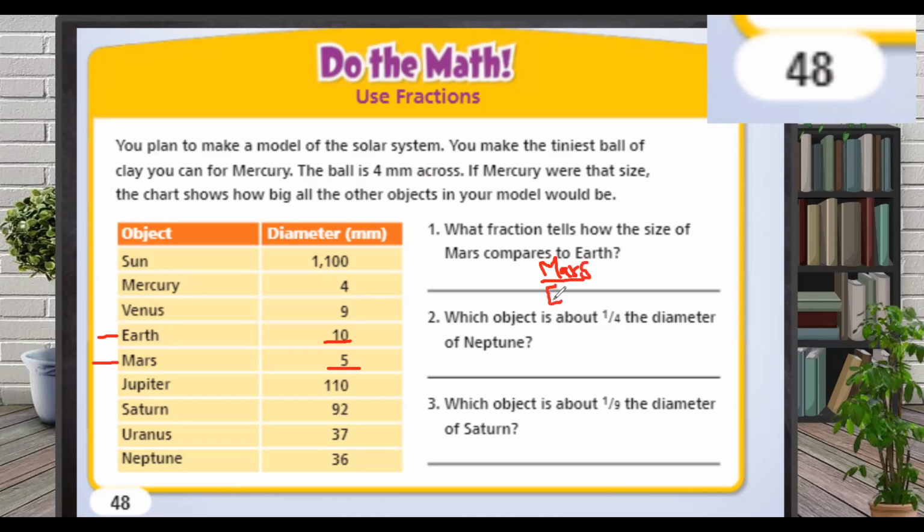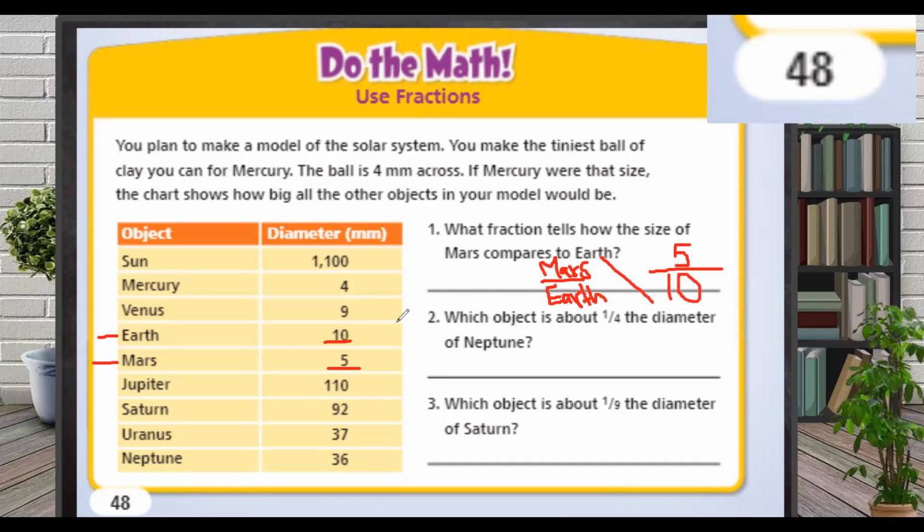So, what should I write up? What number? Mars to Earth. 5. Excellent. 5 to 10. Excellent. Good job.